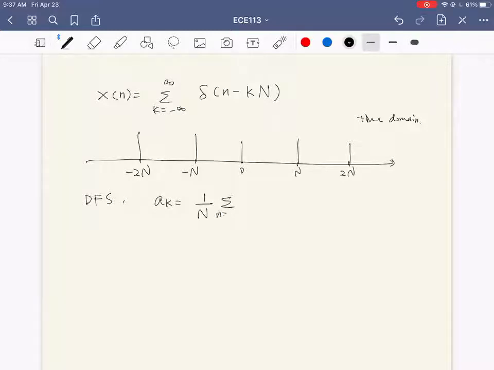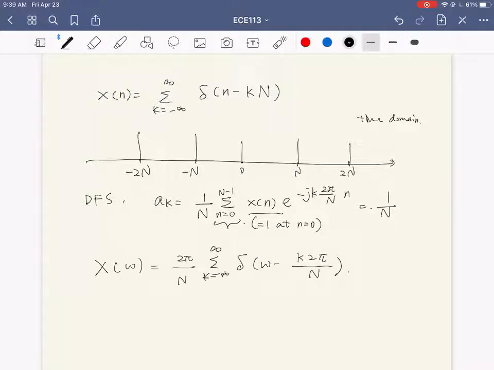Because within a period, x of n is only non-zero at the first index, which is 1, the result will just be 1 over N. And therefore, because we know that the DTFT of an exponential function will be an impulse, since x of n is a series of exponential parts, after the conversion we will get a sequence of impulses.